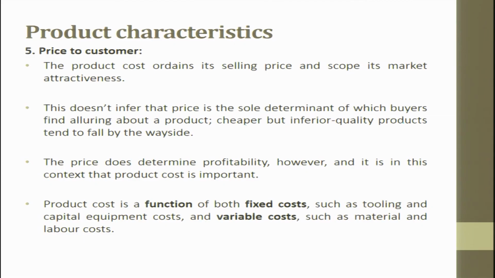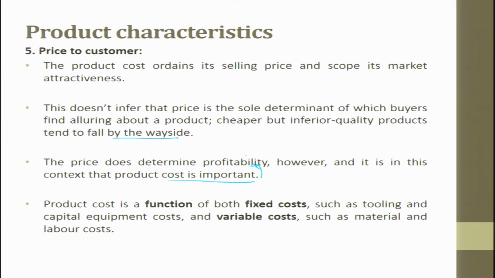Cheaper but inferior quality products tend to fail by the wayside. The price does determine profitability, however, and it is in this context that product cost is very important in terms of profitability. Product cost is a function of both fixed cost, such as tooling and capital equipment cost, and variable cost, such as material and labor cost.